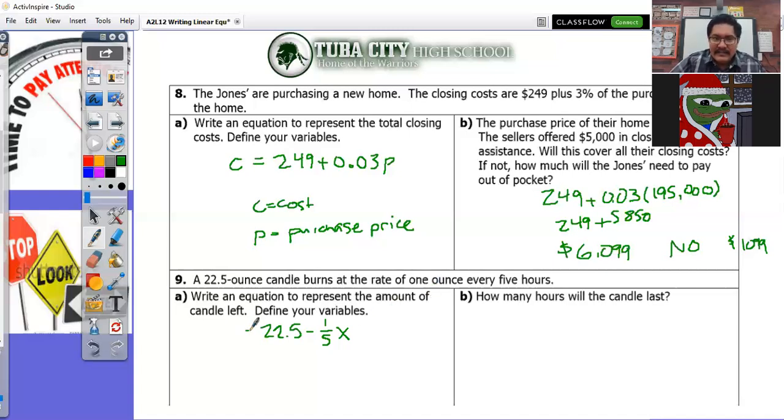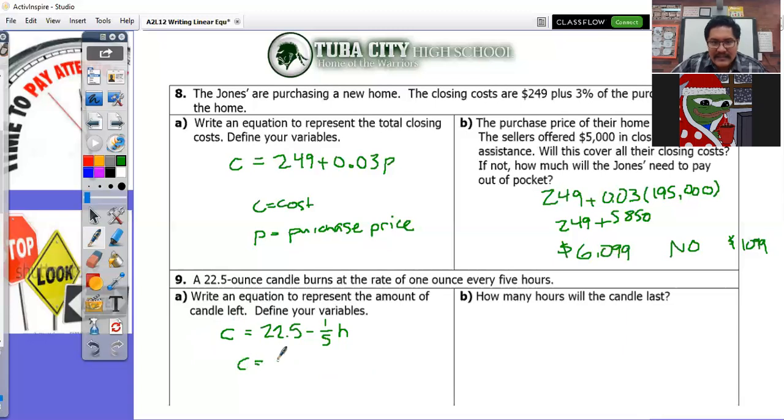And here I made a mistake. I'm going to redefine my variables. Instead of x, I'm going to use H for hours. I was going to put O for ounces, but that looks like 0, so maybe we'll do C for candle.